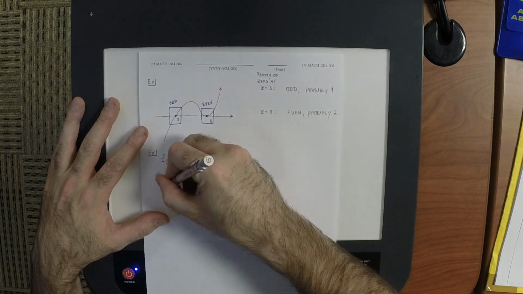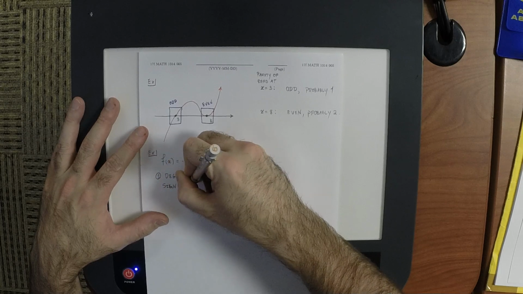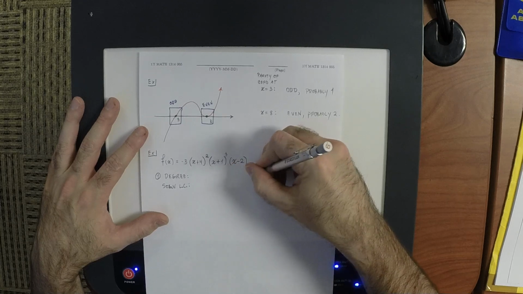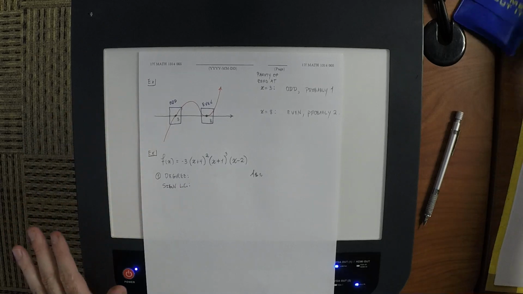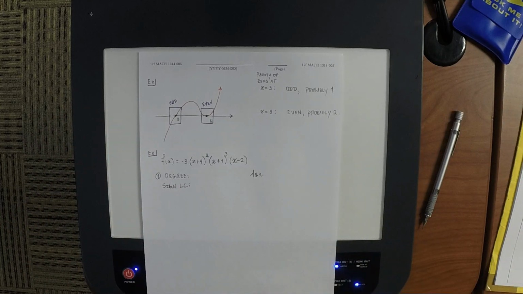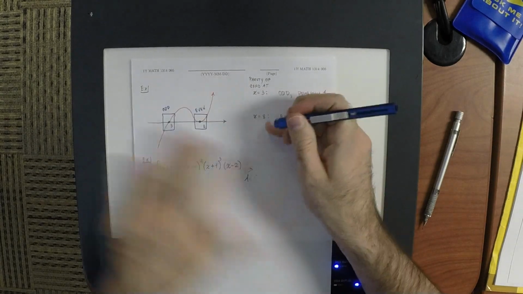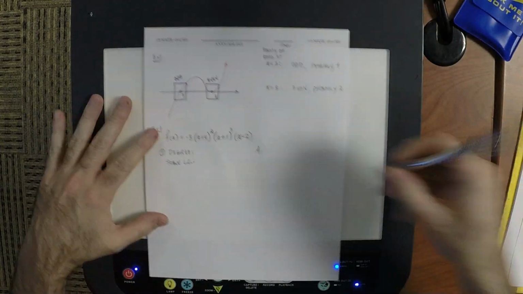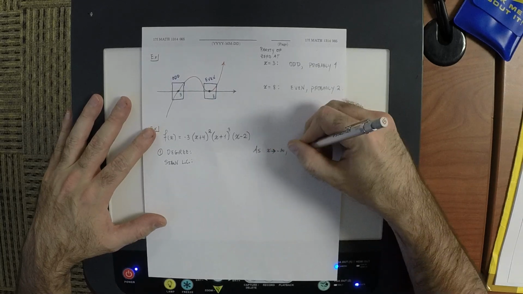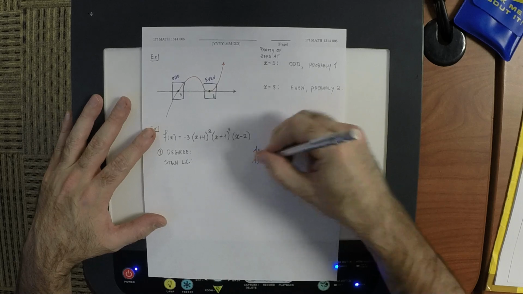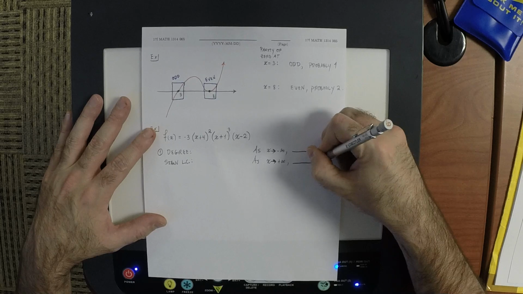I want to know that. What is the sign of the leading coefficient? And sorry, as x goes to the left, what does y do? And as x goes to the right, what does y do?